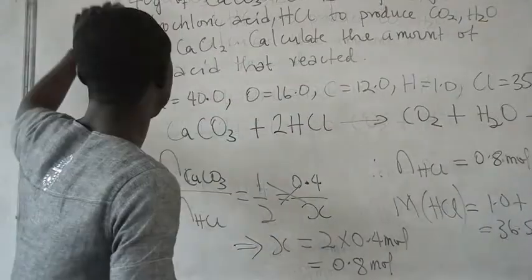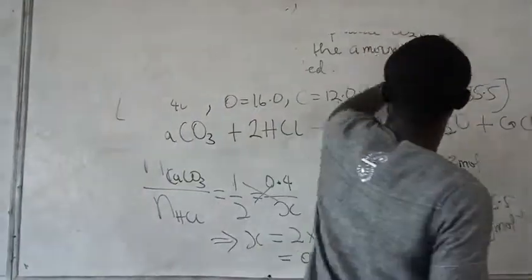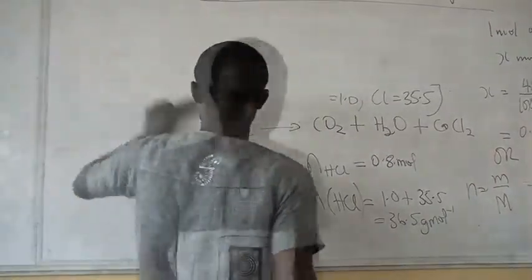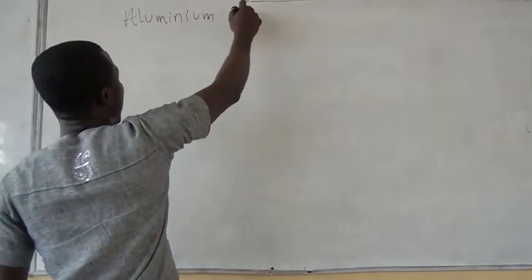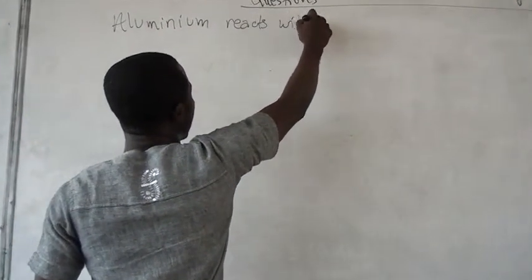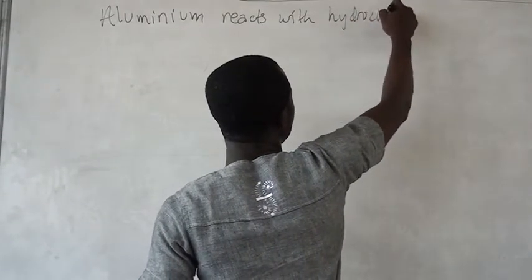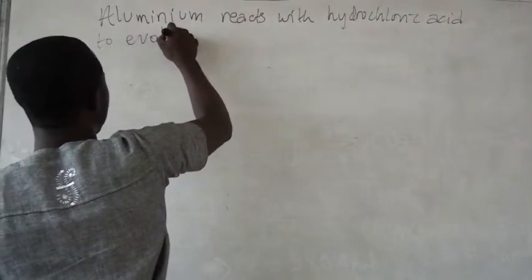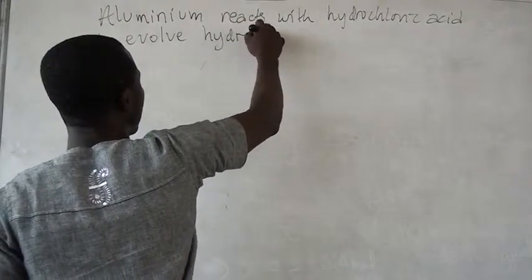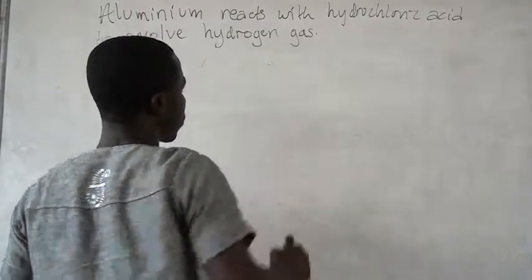Look at our third question. Our third example: aluminium reacts with hydrochloric acid to evolve hydrogen gas.